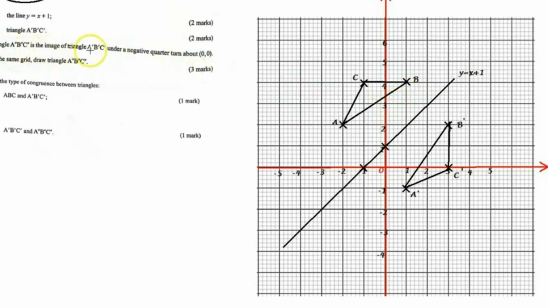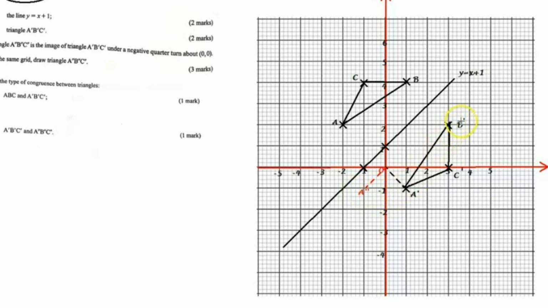Then the other one now is a negative quarter turn about the origin (0, 0), and therefore we also need to draw on the same grid. So for A, from this particular point, now from the origin, negative 90 degrees, so that's where A will be mapped onto A double prime.